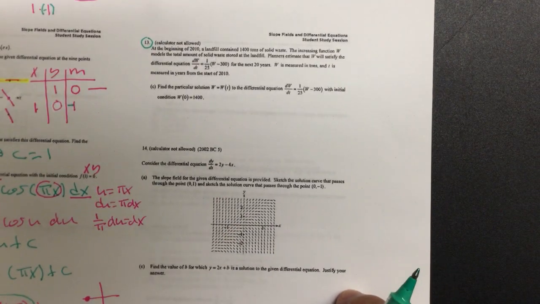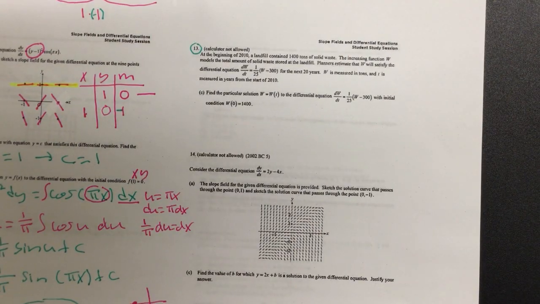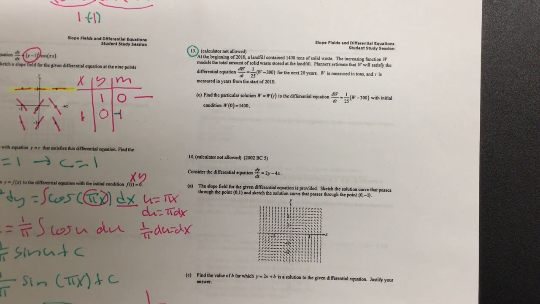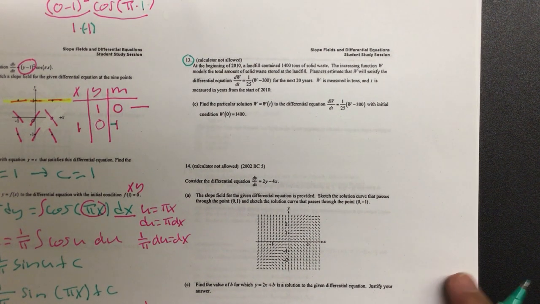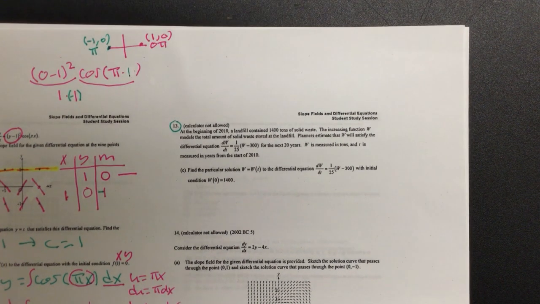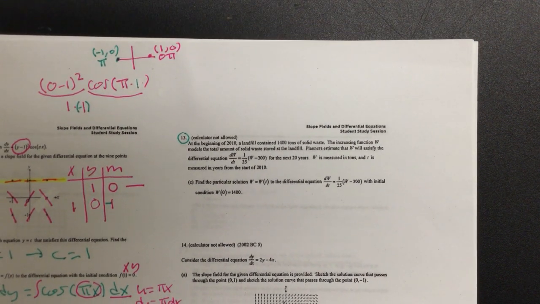On number 13, Edith, let's read. At the beginning of 2010, a landfill contained 1,400 tons of solid waste. The increase in function W models the total amount of solid waste stored at the landfill. Please estimate that W will satisfy the differential equation dW/dt = 1/25 (W - 300) for the next 20 years.